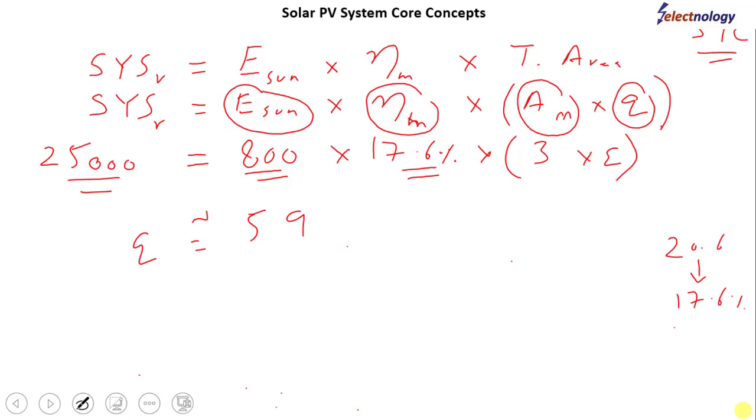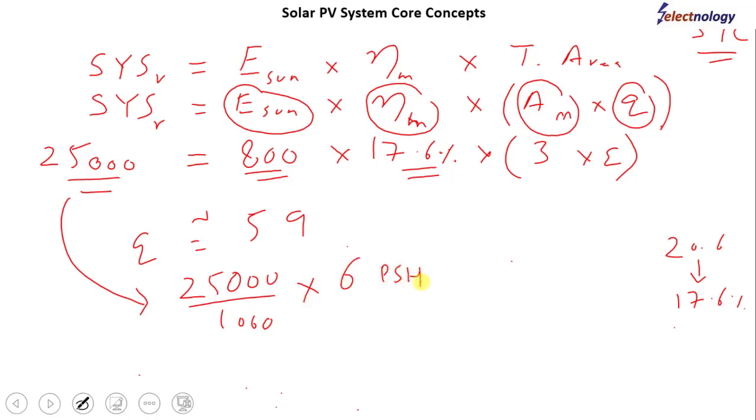Now, if you recall our previous discussions about how many energy units a rated system power shall produce, let's do it again. So, taking this 25,000 watt rated system, we shall convert it into kilowatt by dividing it by 1000. And let's take the 6 peak sun hours.